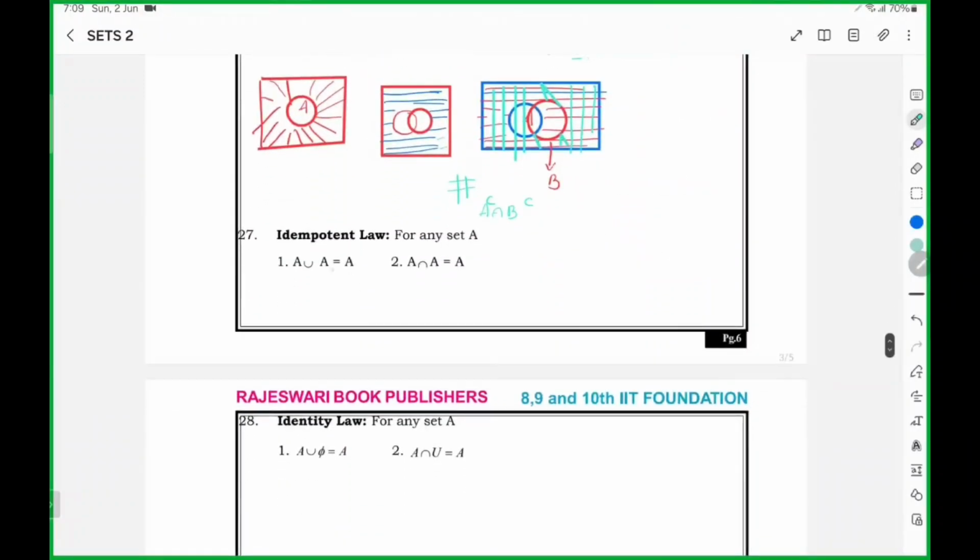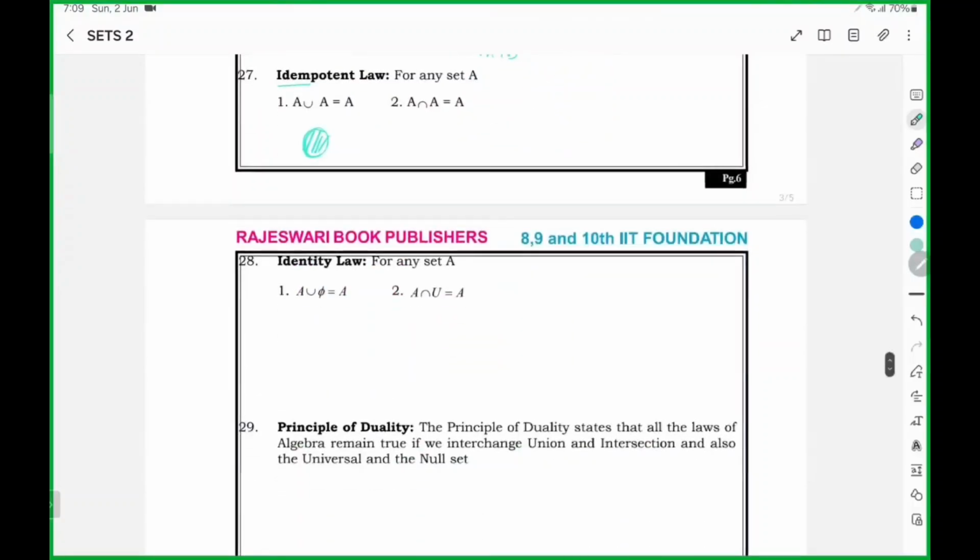Here, idempotent law for any set A. Idem means same. A union A will be A only. A intersection A is also the same, union or intersection. For any set A, if you assume 1, 2, you are not adding anything, it becomes one count.